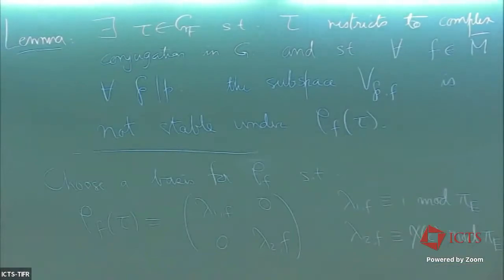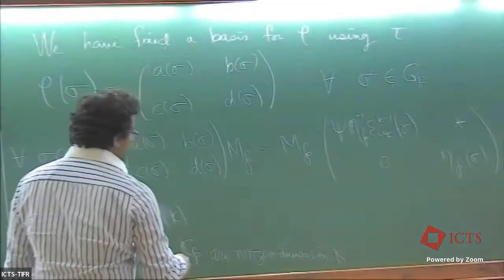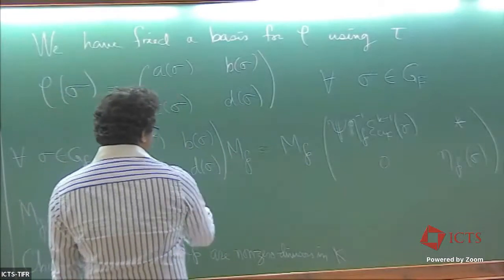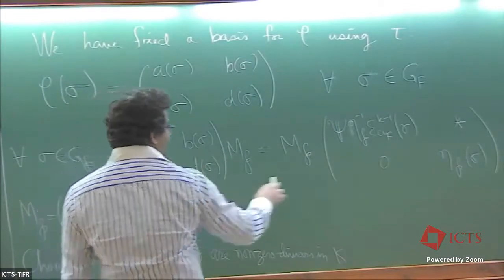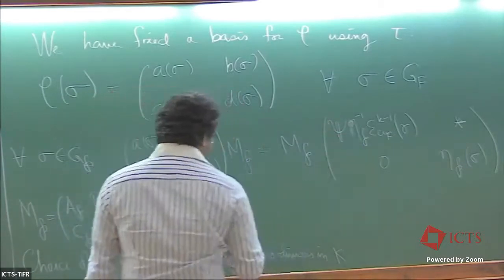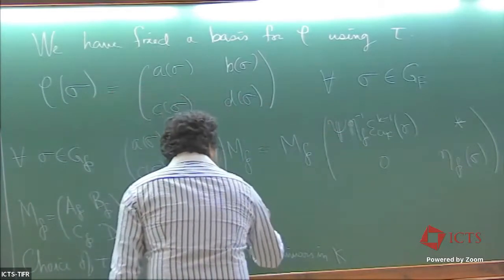Now, if you compare what happens to the upper left hand entry of both these matrices, what you would get is something like this.